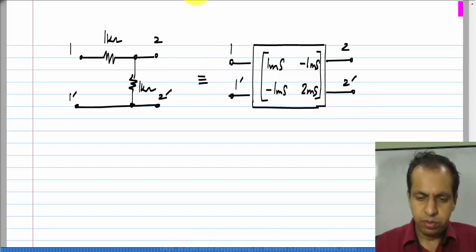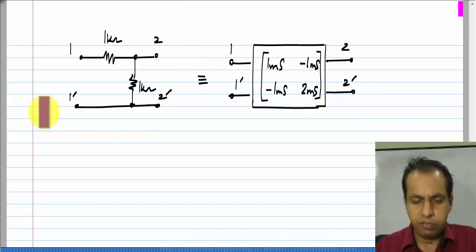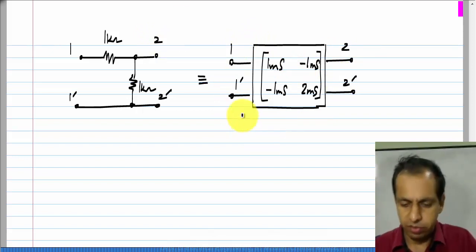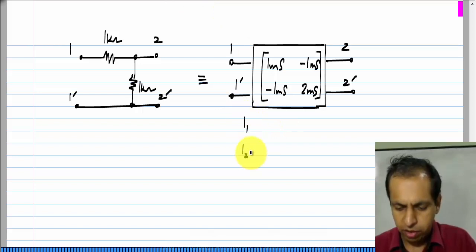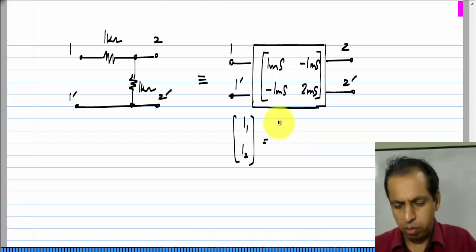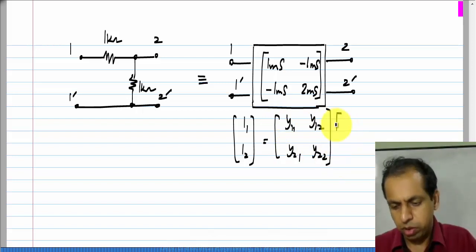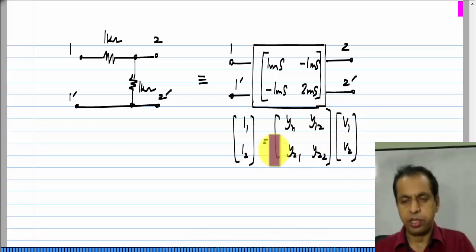So, what can be done is, instead of analyzing this circuit, you can take this 2-port and the equations corresponding to that, which is basically I1, I2 being Y11, Y12, Y21, Y22 times V1, V2 and use that instead.